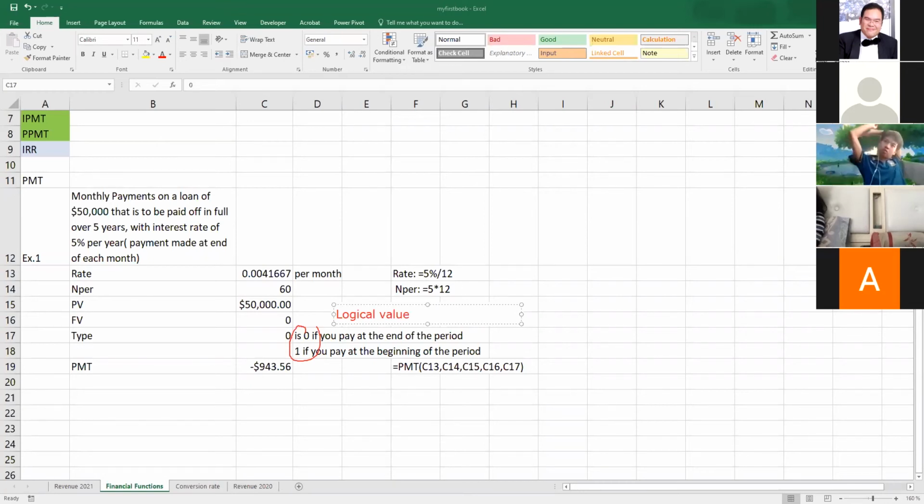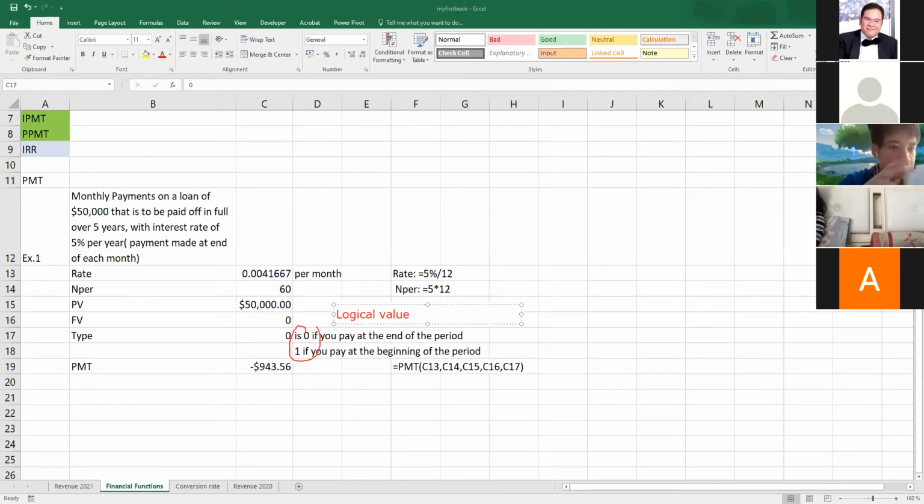It means that it is true or false, yes or no, 0 or 1, on or off only. These are what we call logical values. So that's why it is not a real number, and you cannot have 0.5, 0.2 or something. So it is 0 or 1 only. We will learn about logical values more when we finish the financial function series.